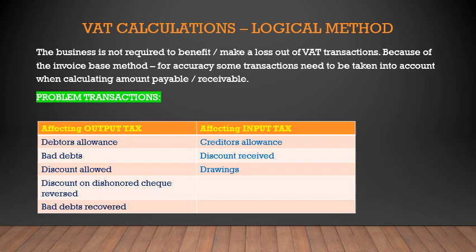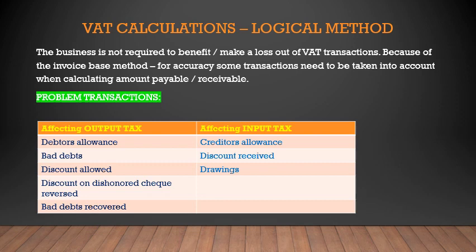Transactions affecting input tax paid. We have creditors allowance, discount received, and drawings. These ones have the effect of decreasing what we must claim back from SARS. Creditors allowance is what we have returned to the supplier. We are not going to pay VAT for those items.